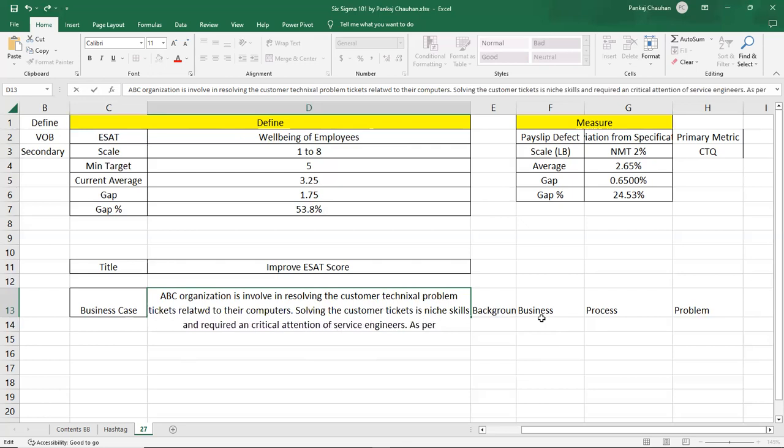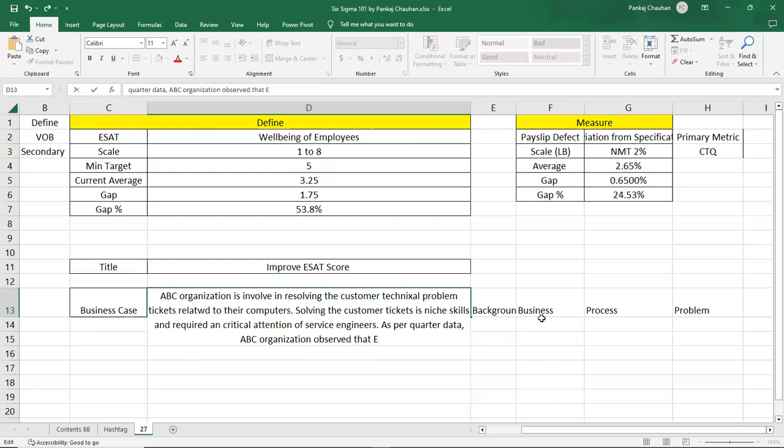As per last quarter data, ABC organization observed that employee satisfaction score is recorded low, let's say very low, which may have significant impact on attrition.